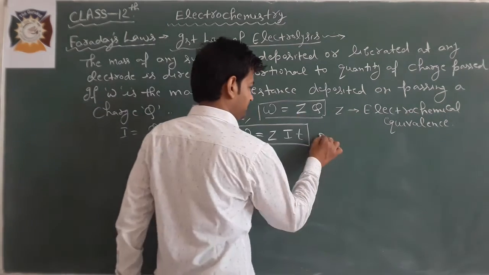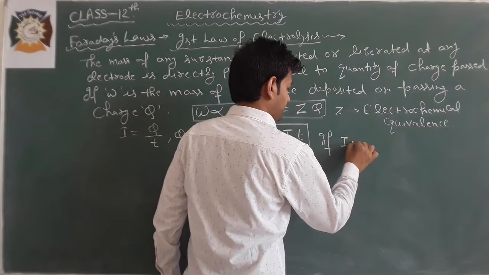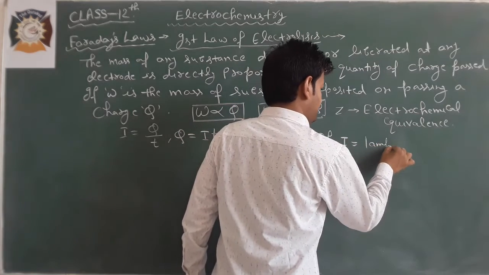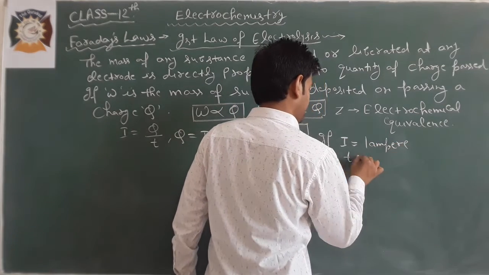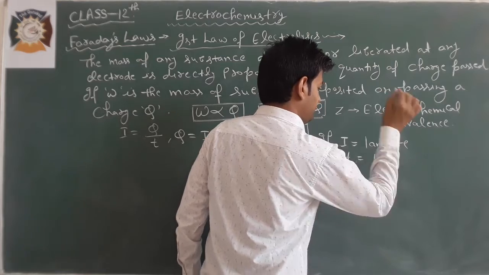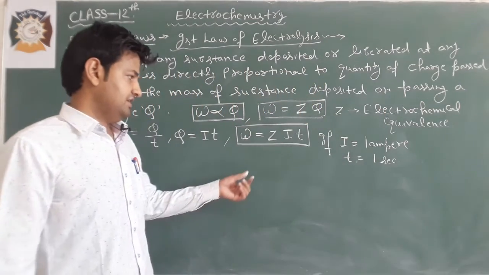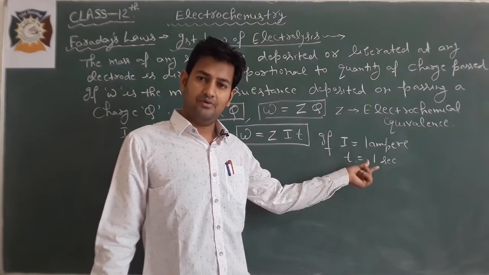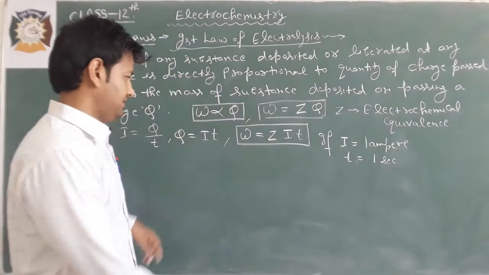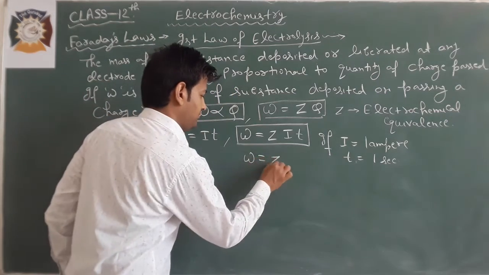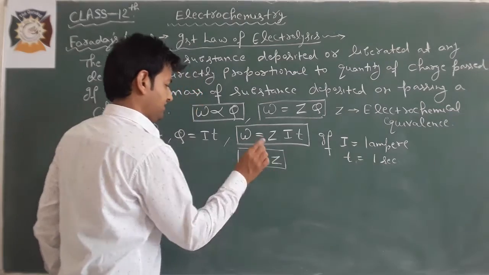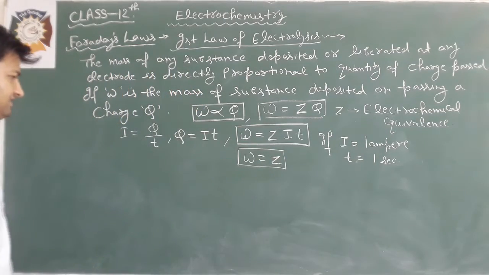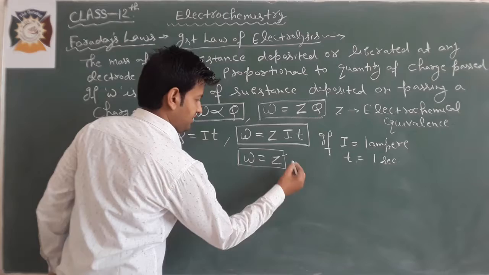Next, if a current of 1 ampere is passed for 1 second, then the weight deposited will be equal to the electrochemical equivalence. So how can we define electrochemical equivalence?